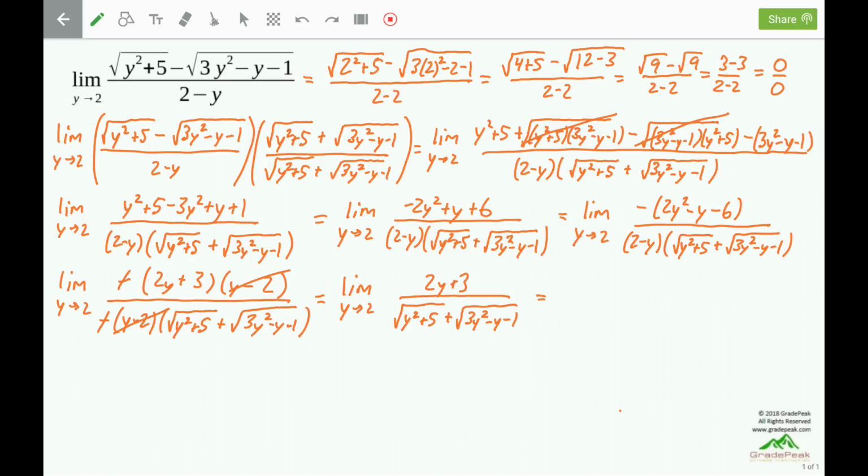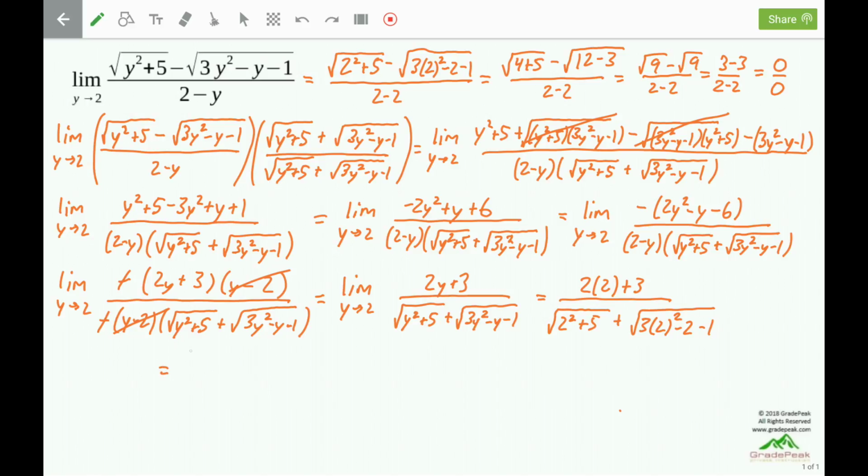We canceled the factors out that were making 0 over 0, so we can now plug a 2 in for each of the remaining y's. In the numerator, 2 times 2 plus 3 divided by, in the denominator, 2 squared plus 5 plus the square root of 3 times 2 squared minus 2 minus 1.